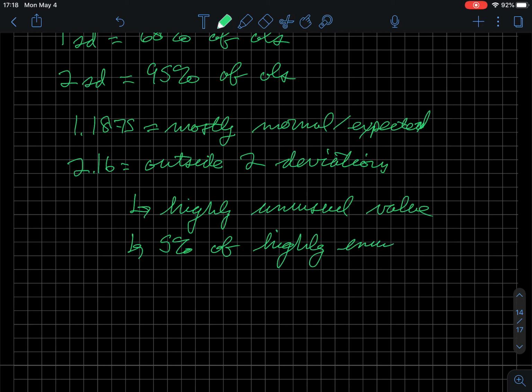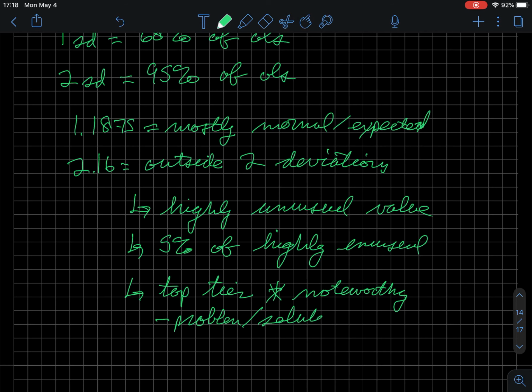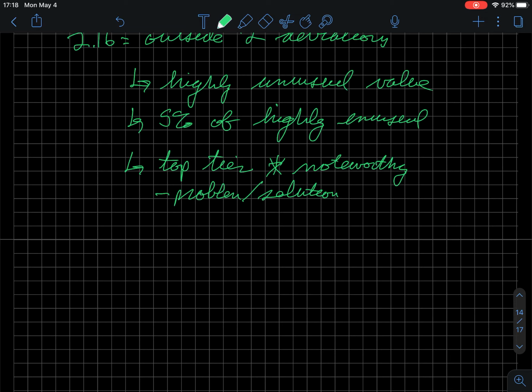Think about when you took an SAT or an ACT, it probably gave you a percentile score, so you were better than 30% of everyone, or 45%, or 65%. What we're saying here is that this is top tier, sort of. This is noteworthy, and it may alert us to a problem or a solution. This should draw our attention.